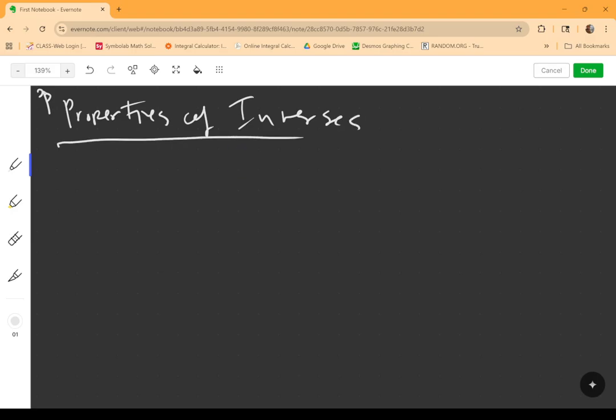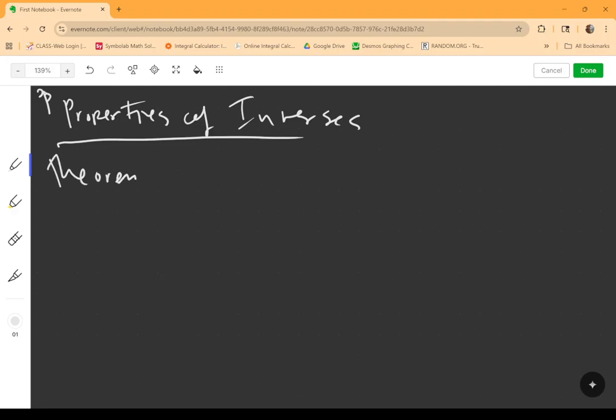All right, so we're going to look at properties of inverses.